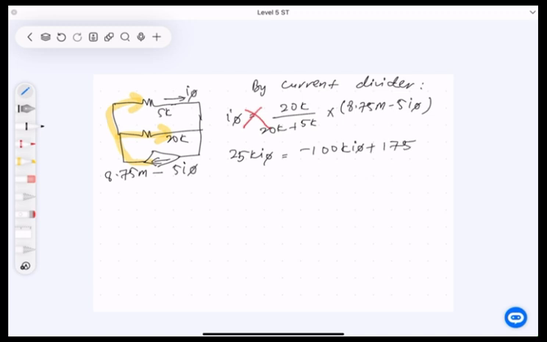Then you rearrange it, and you get I5 equals to 175 over 125 kilo, that's kilo, not kilo ohm. Then you will get 1.5 milliampere. So you notice that we haven't gone beyond chapter 2. So after getting I5, what do I do next?